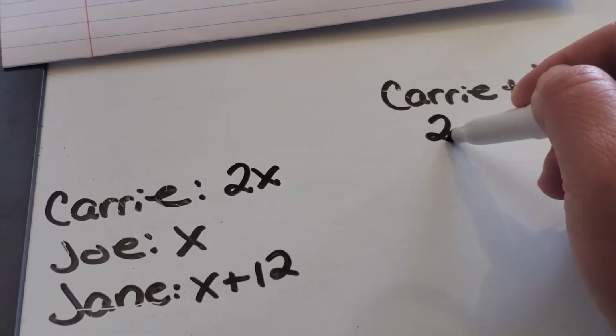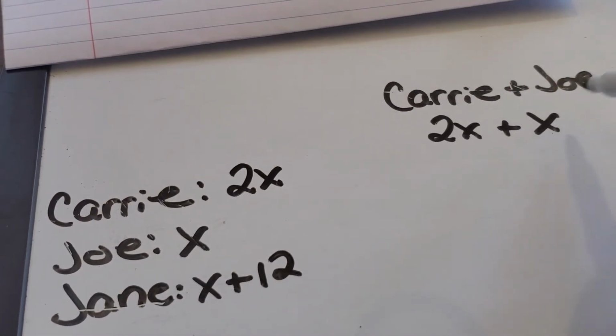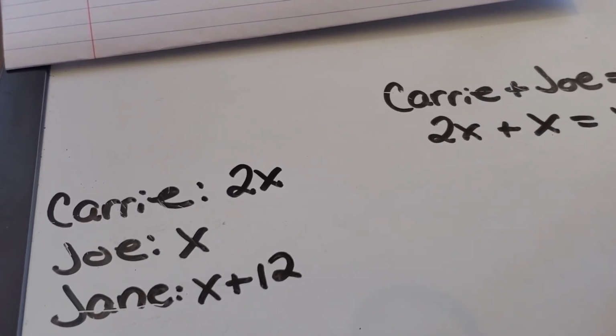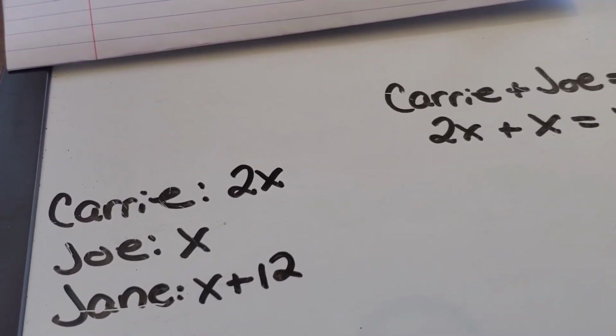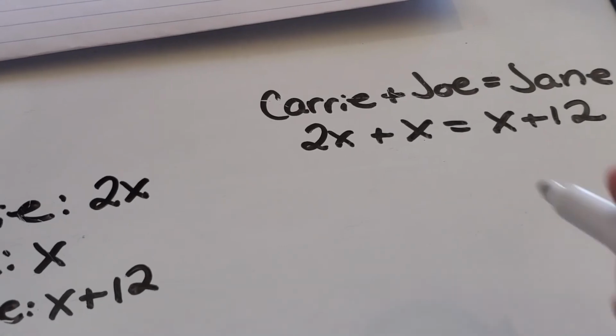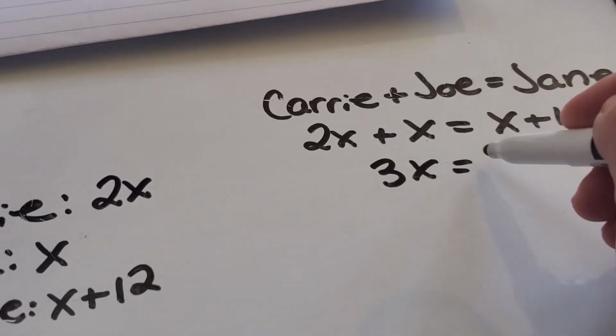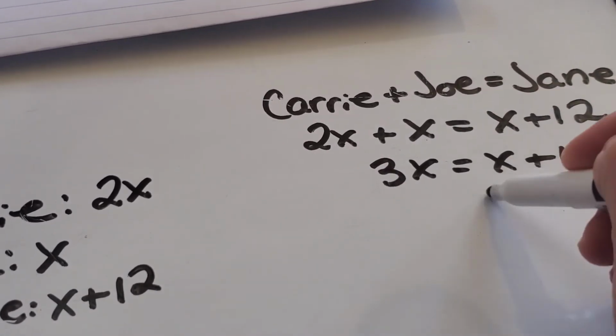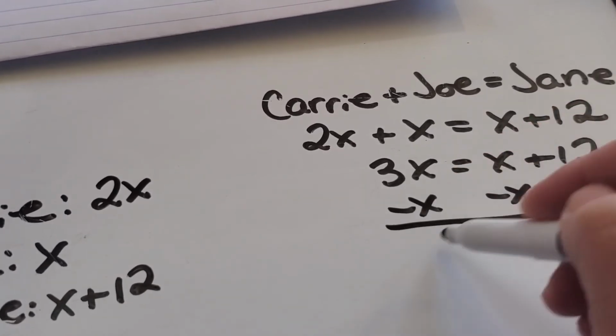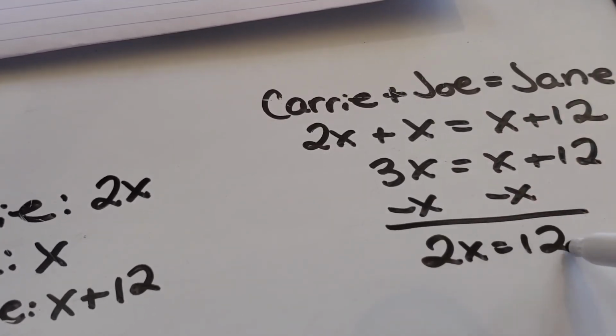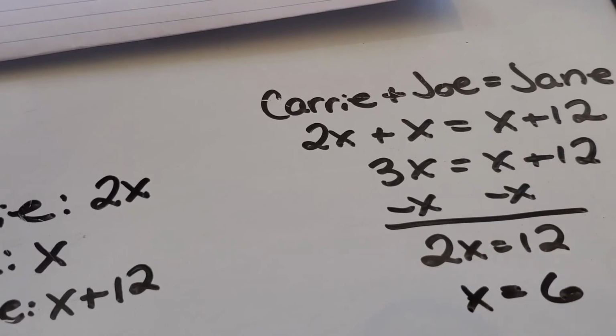Carrie we called 2x. Joe we called x. Jane we called x plus 12. Solve your equation. That's going to say 3x equals x plus 12. Subtract x from both sides. You get 2x equals 12, or x equals 6.